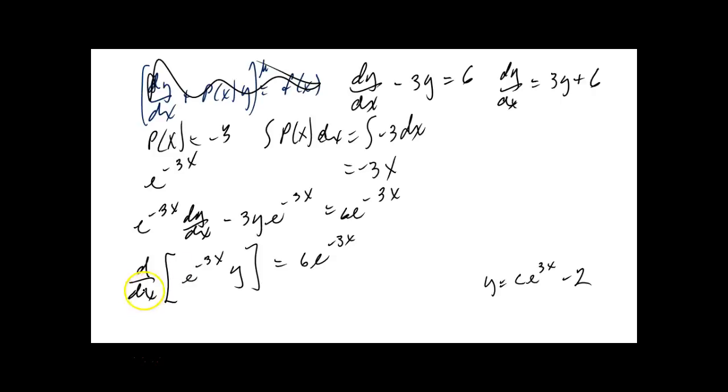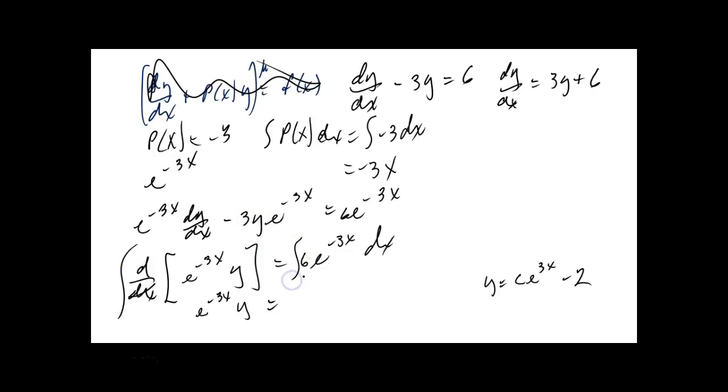Okay? Take our dx from here and move it over there. Write it as a differential. All right. So this gives me e to the minus 3x times y when you take the derivative of that. And that's when you integrate that.